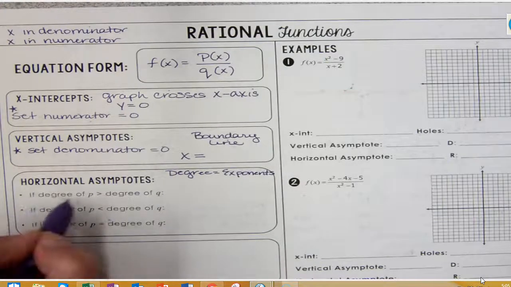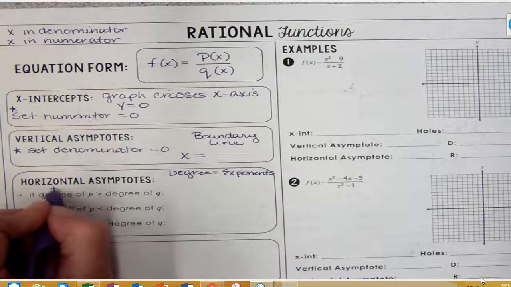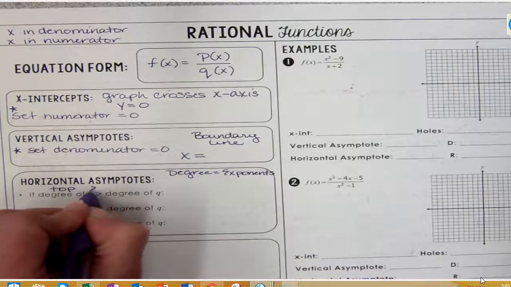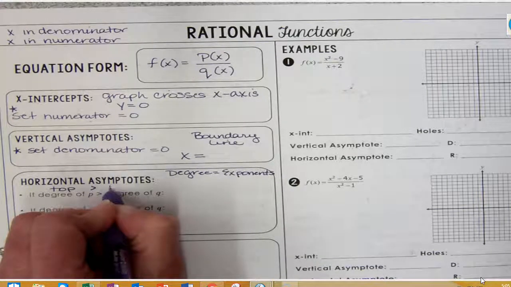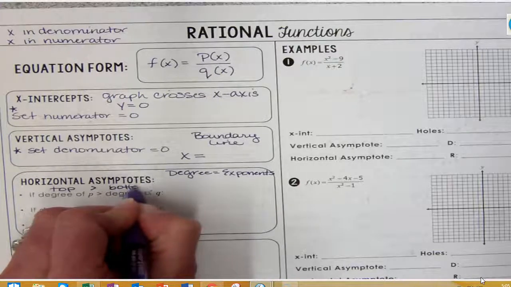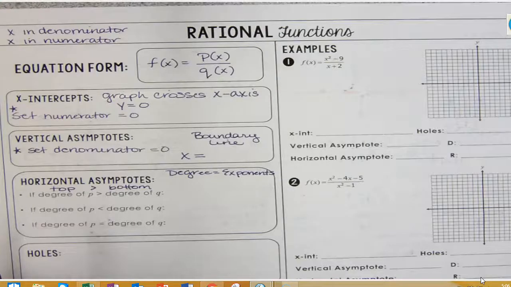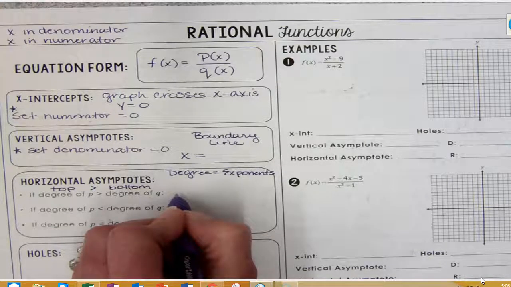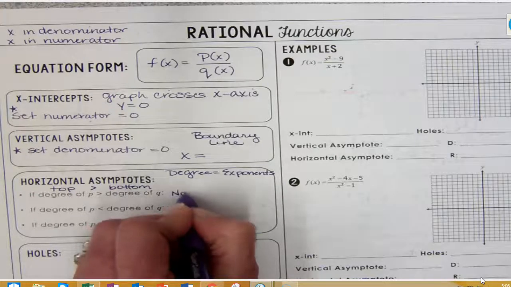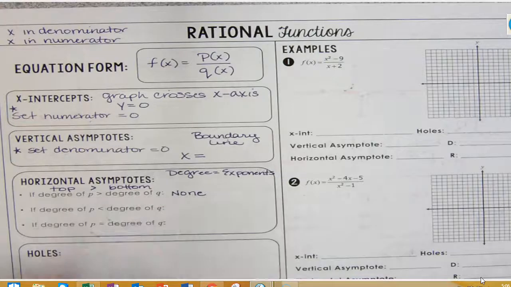If the degree of your numerator, the top, is bigger than the degree of your denominator, the bottom, we're going to have no horizontal asymptotes.